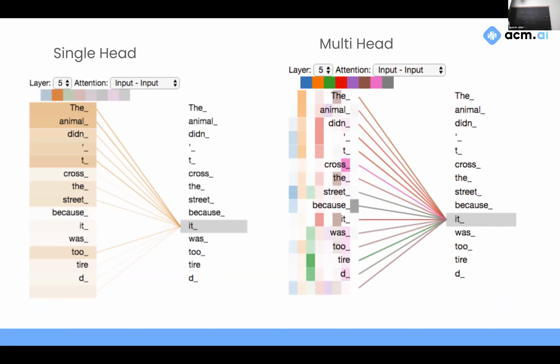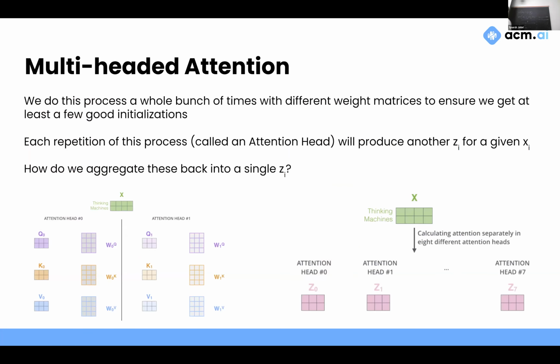So one query could be like, I'm this noun, and then the key for that head would be like, here's the noun you should be looking for, and I'm going to represent myself the best way, like the noun you're actually referring to, the person that noun is referring to.